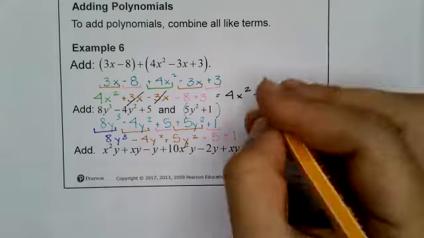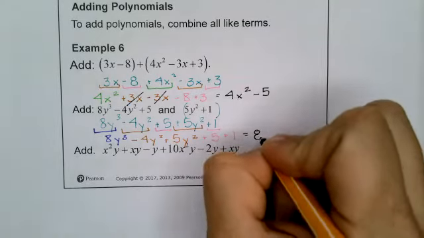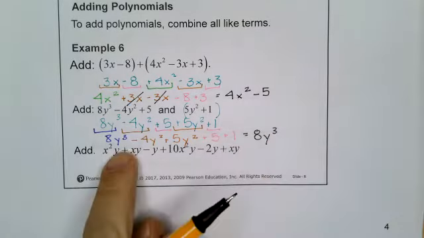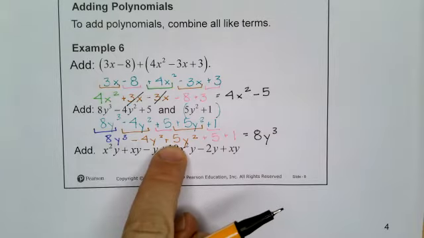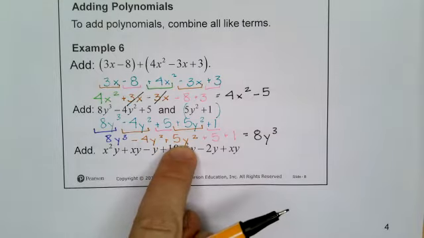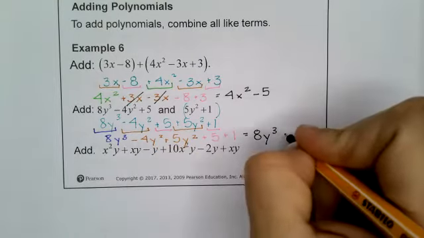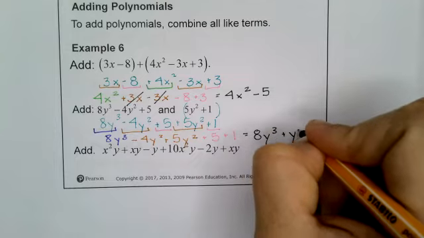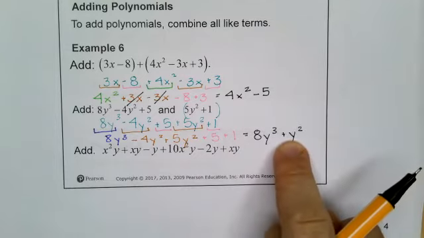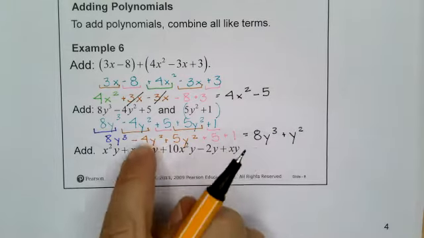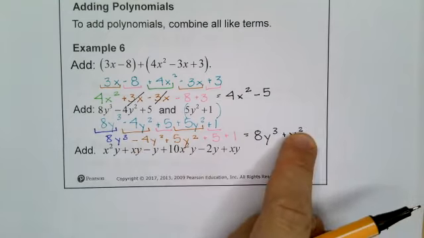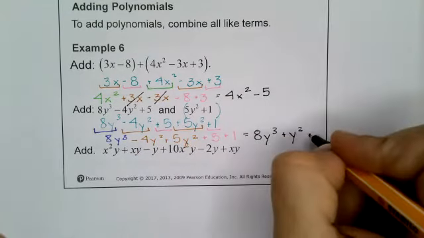And you can simplify that to 8y cubed, which was not combined with anything. Then -4y squared plus 5y squared. It's just saying 5 minus 4, which is just 1, right? So I can say plus y squared, because y squared is the same as 1y squared. 5 minus 4 is 1. And then 5 plus 1 is 6.